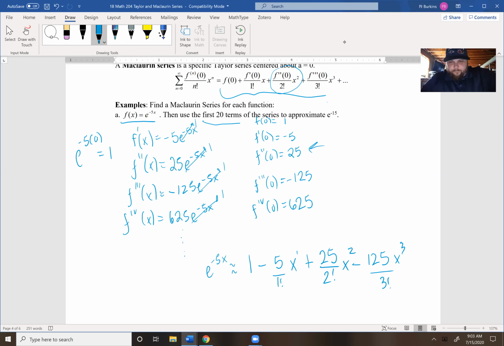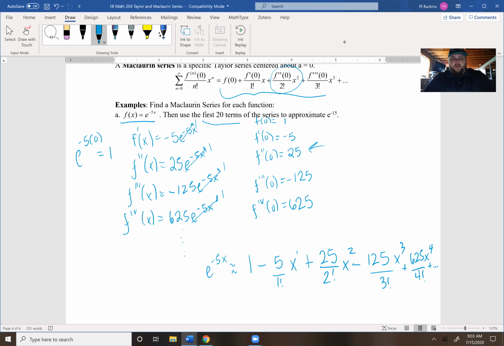And finally, we would have plus 625 x to the 4th all over 4 factorial. And then I'm just going to put plus dot dot dot because we're asked to do the first 20 terms.